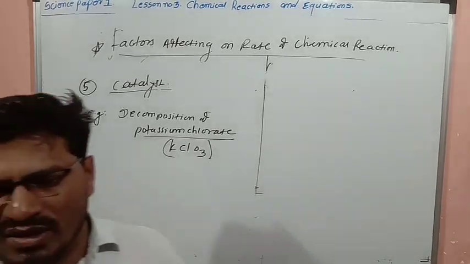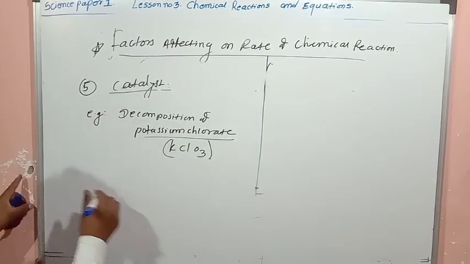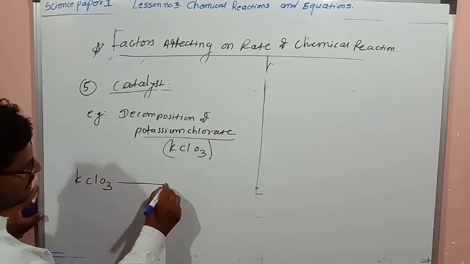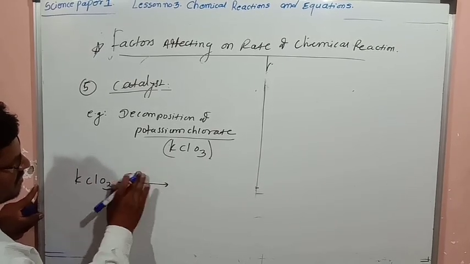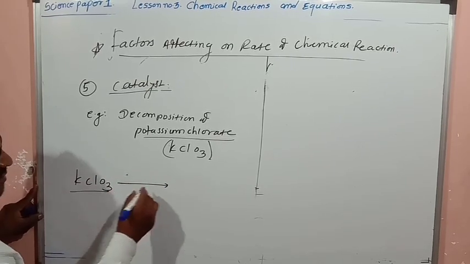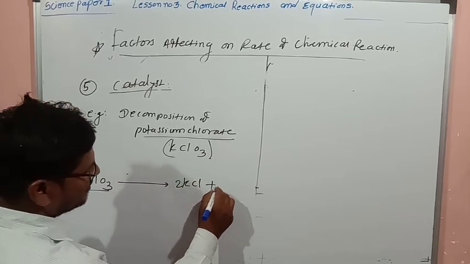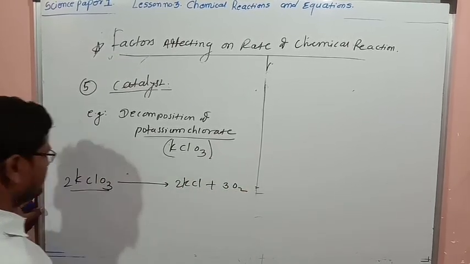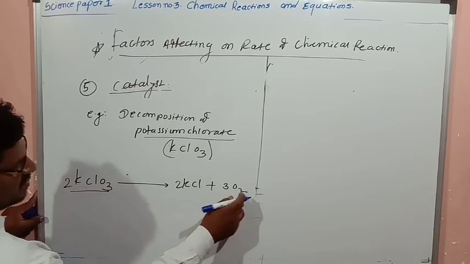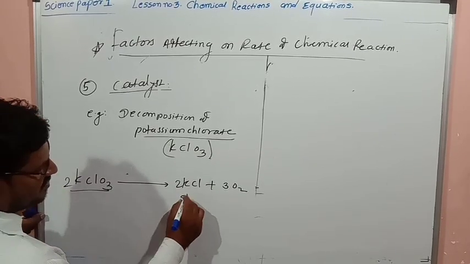Suppose you take KClO3 at normal temperature and normal rate: 2KClO3 forms 2KCl plus 3O2. So this reaction is slow.